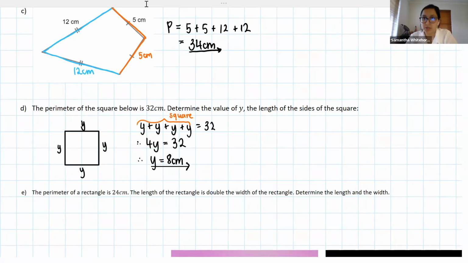I'm going to ask you to try this by yourselves. The only hint I'm going to give you is that if you're struggling to understand the words, draw a picture. Take the words and put it into a picture and see if that helps you. But you're trying it by yourselves. You guys are flying through these questions, so a slightly more challenging one is good. Let's give it a go.